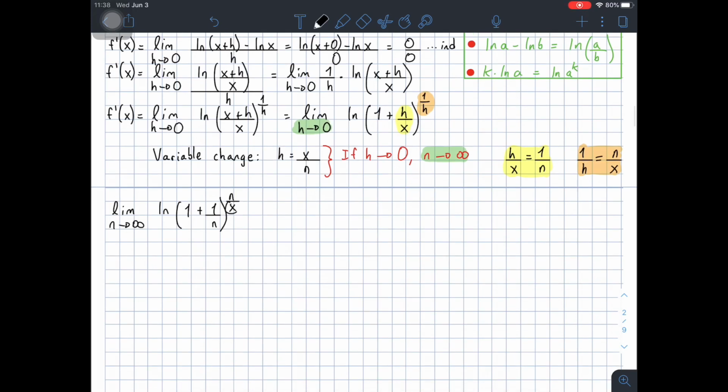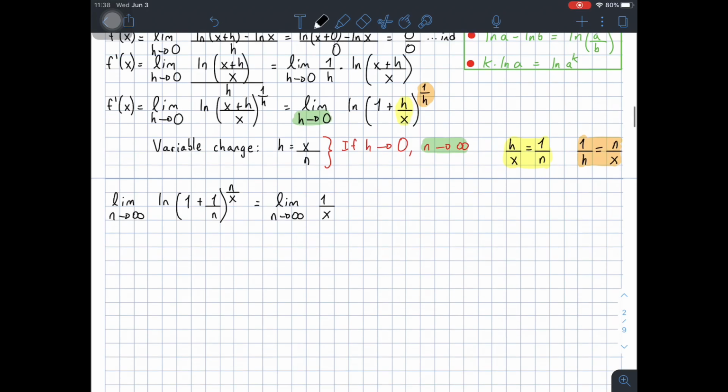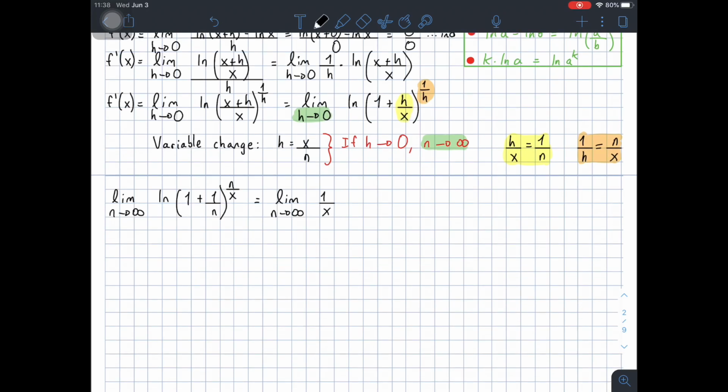So now, if I take this x down here using properties of logarithms, this is the same as saying the limit when n approaches infinity of 1 divided by x times the natural logarithm of (1 plus 1 over n) to the power of n.